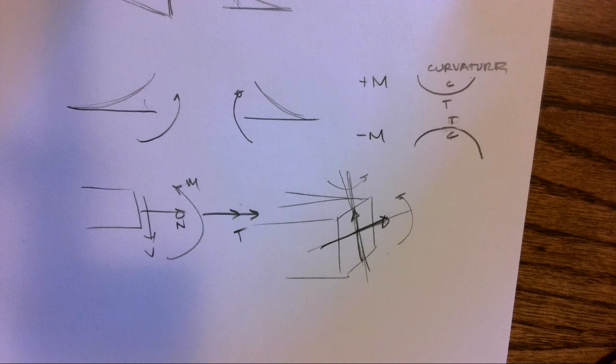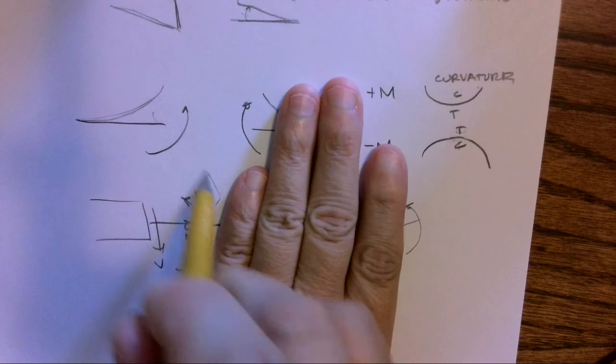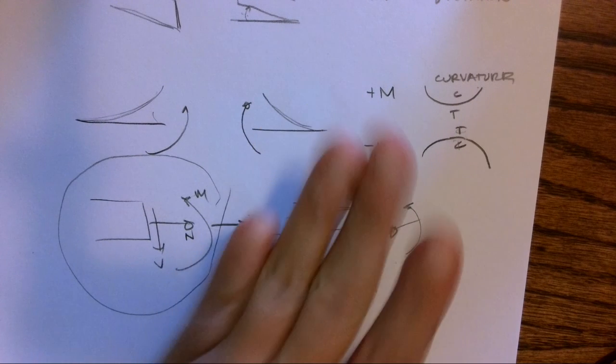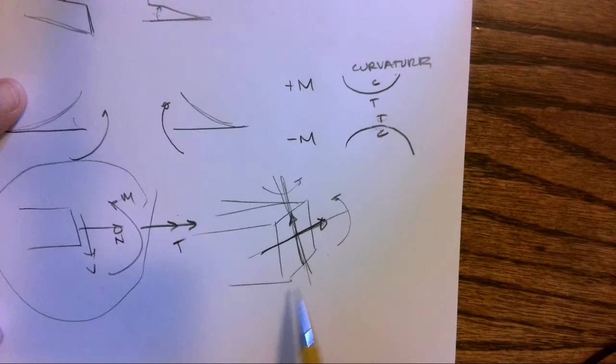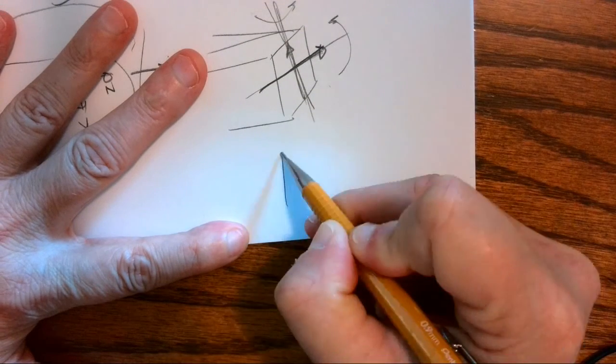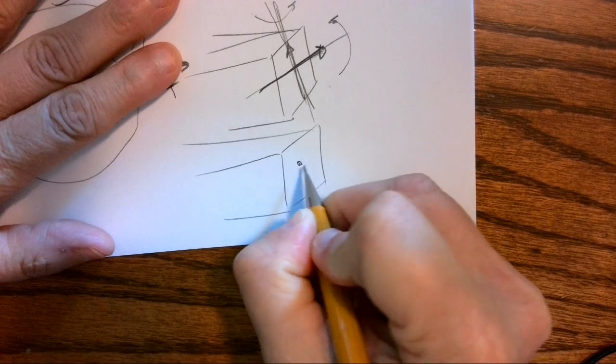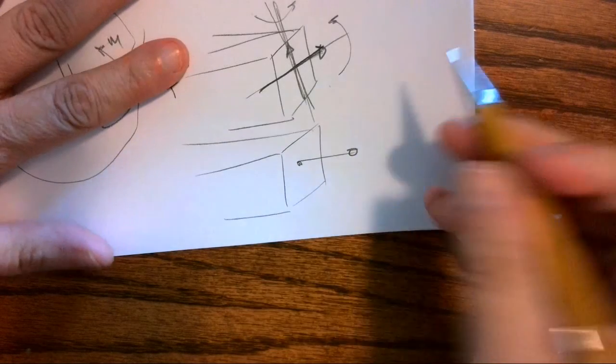So when we start looking at things three-dimensionally, keep in mind statics is pretty simplified with just this, but in the real world, when I look at this cross section, I could have a normal force, tensile or compressive.